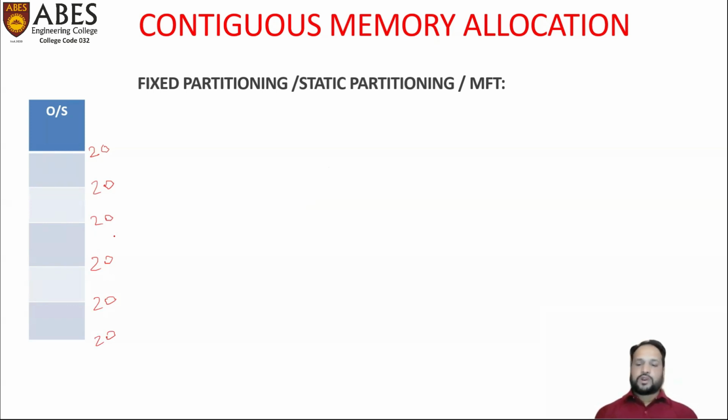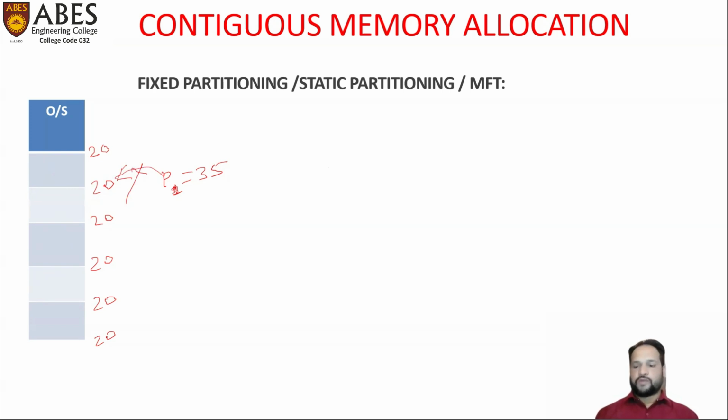Now, what happens if process P1 comes and wants to be accommodated with 35 MB? Process P1 could not get executed as there is not enough partition available that can accommodate it.